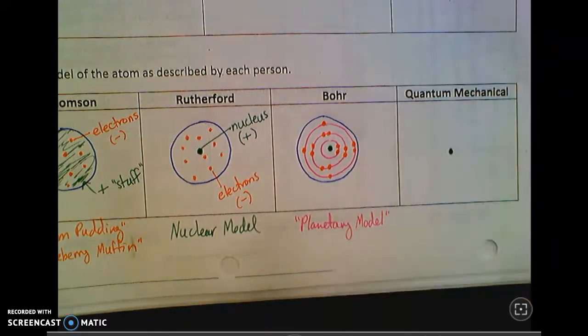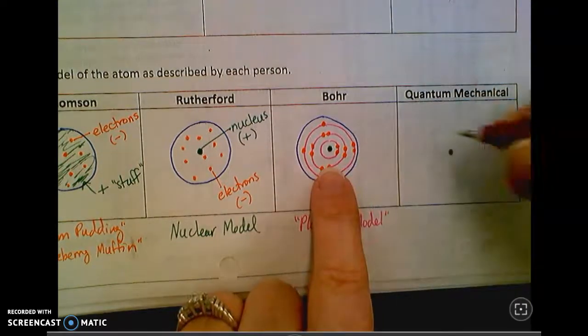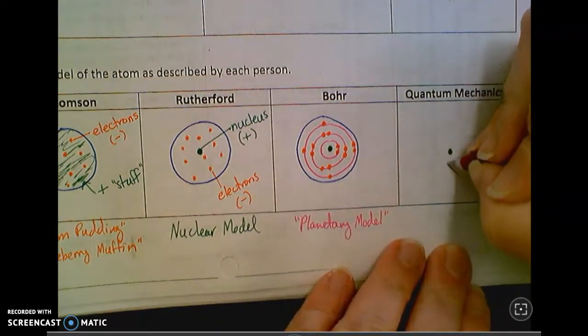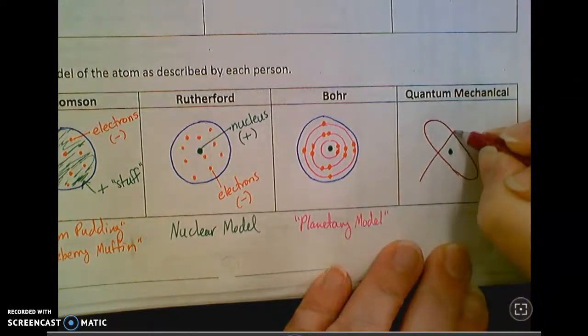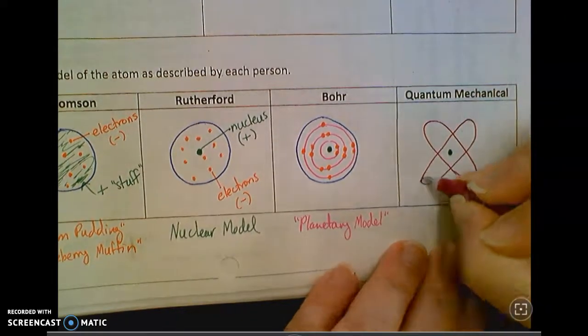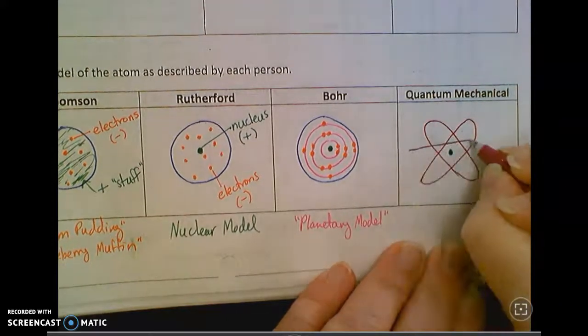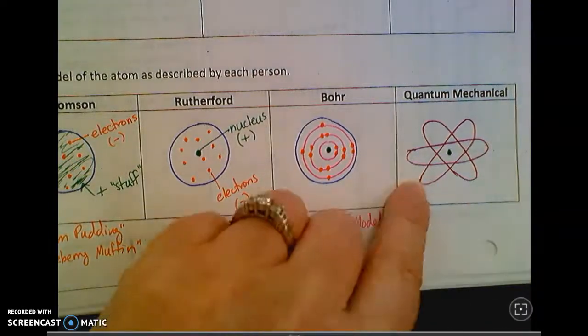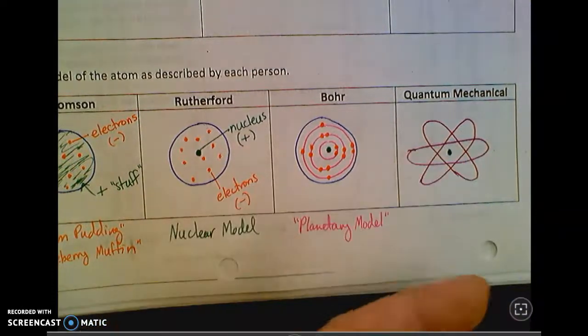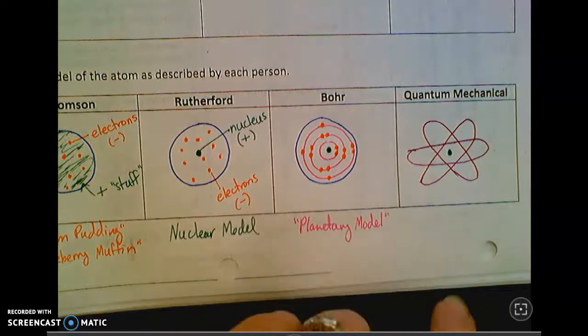You've got a nucleus, and then the energy levels actually aren't just two-dimensional, they're actually three-dimensional. And so they sort of try to illustrate that by making these different bubbles, different orbitals is what they are, that go different ways around the atom.